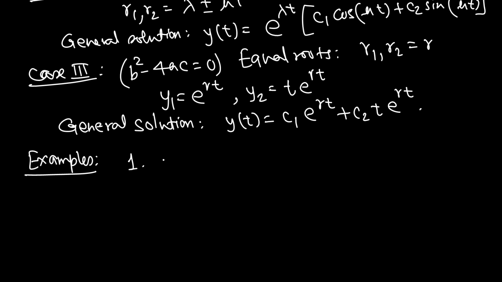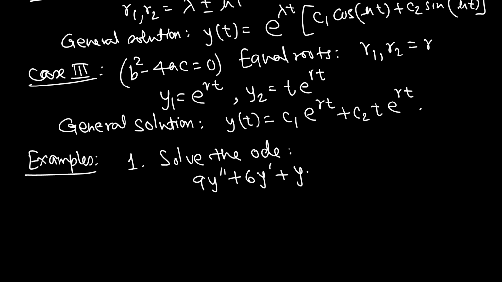Using case 3, the question is to solve the ODE 9y double prime plus 6y prime plus y equals 0. To solve this ODE, we find the characteristic equation.